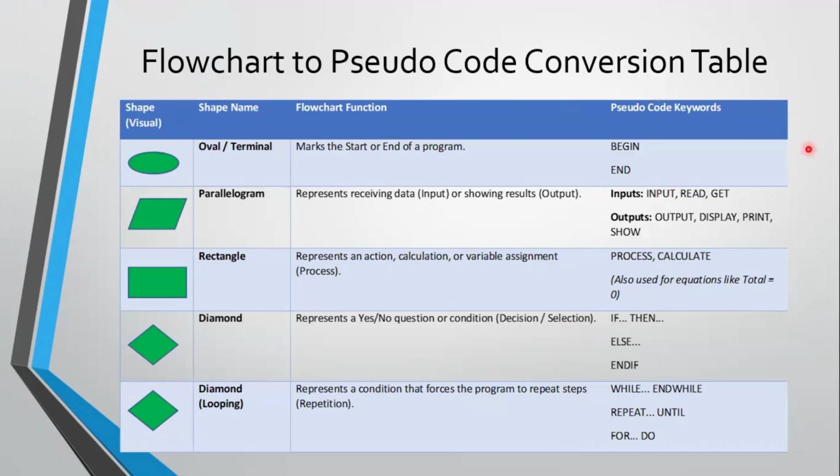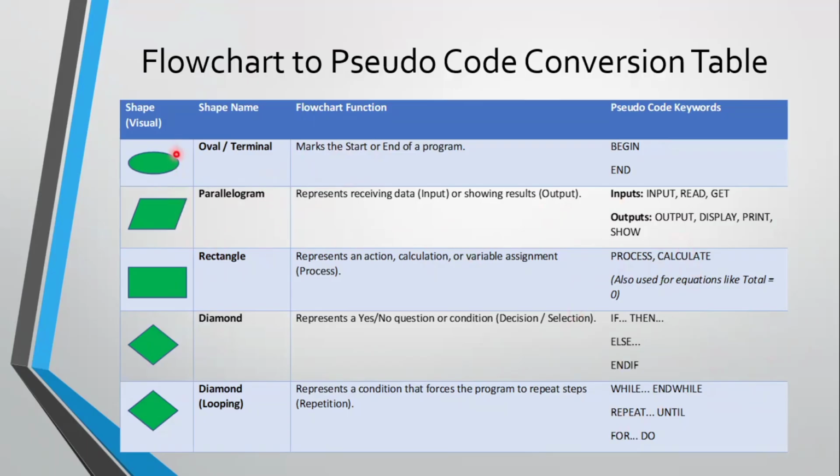Here, this table is your translator's guide, right? Just like translating a sentence from Sinhala to English, you can translate a logic map into a logic script. Your logic map is the flowchart, and the logic script is the pseudocode. You can do this by following these simple rules.